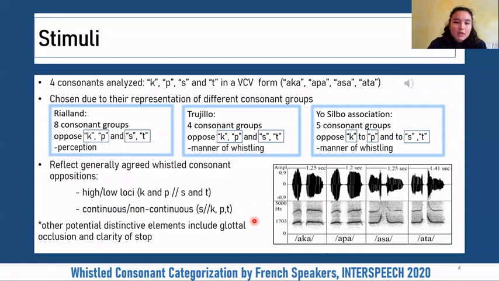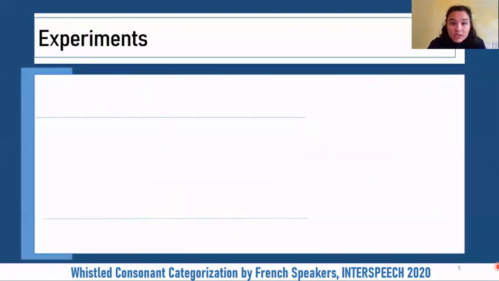So there are other potential distinctive elements between these consonants, which include glottal occlusion and the clarity of stop, which you can also kind of see in this diagram. But we aren't sure of how these other distinctive elements will influence perception, so we chose these consonants to be able to focus on different components of the consonant groups.